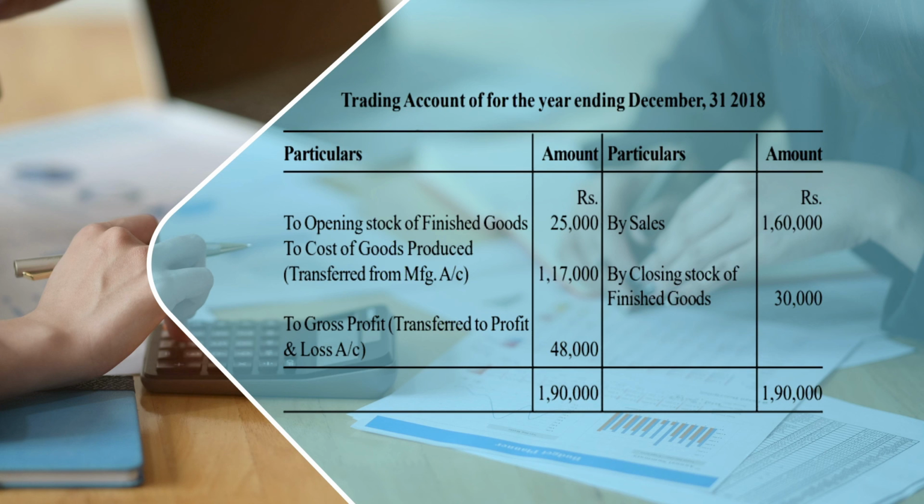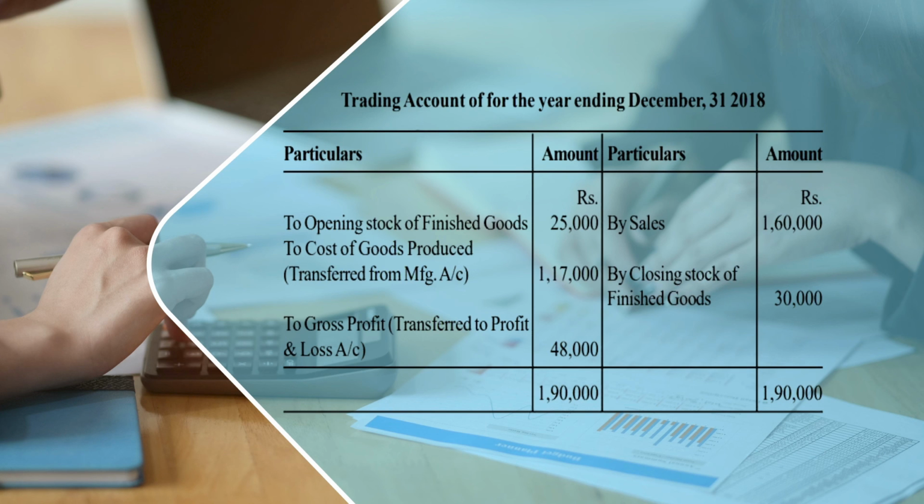So opening stock and closing stock of finished goods will always be shown in the trading account, whereas opening stock of work in progress and closing stock of work in progress is always shown in the manufacturing account. The opening stock of raw material and closing stock of raw material is shown while calculating the cost of raw material consumed, which is also shown in the debit side of the manufacturing account.